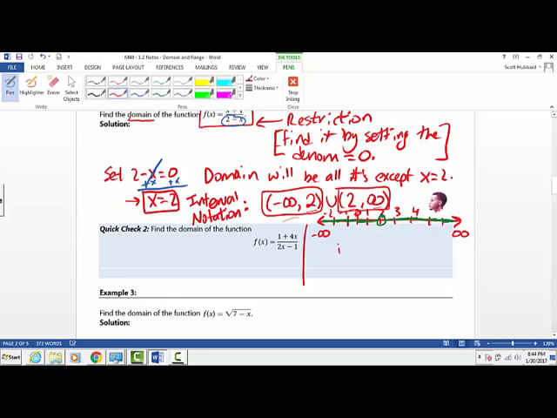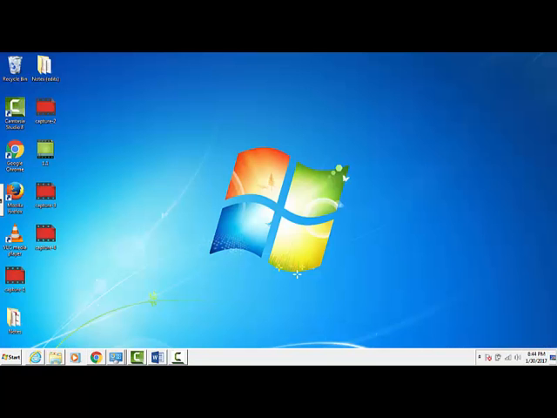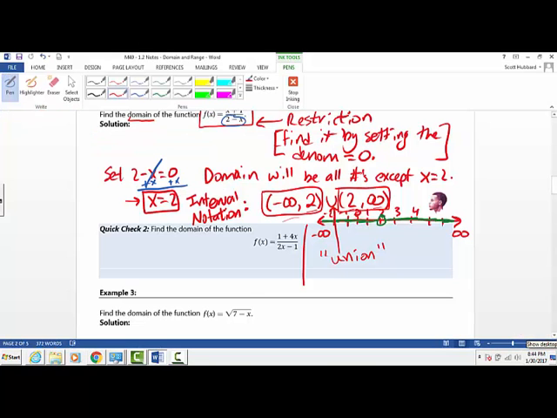And then we use this symbol right here, and that's called the union symbol. Union means I want both of these. Okay? So it's like an or. So it's like this interval or this interval. Either one. Both are okay.